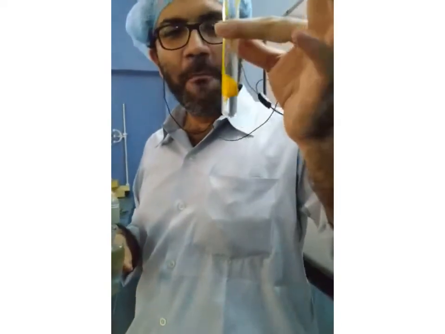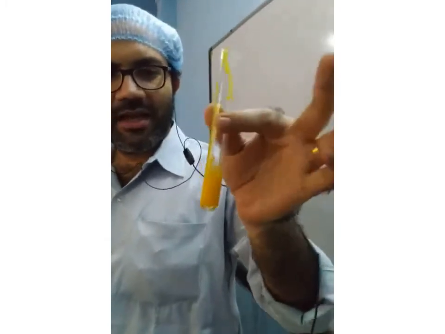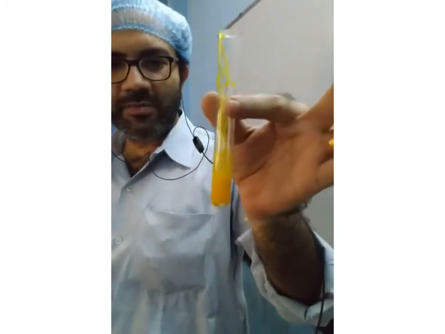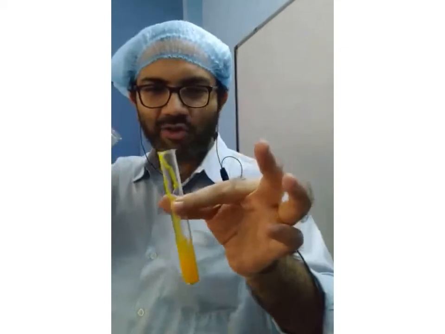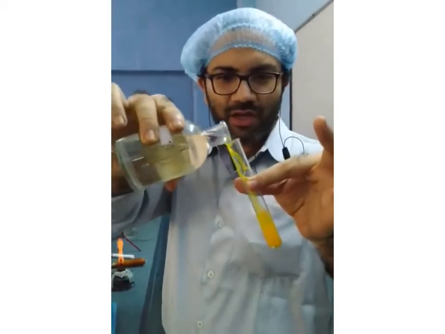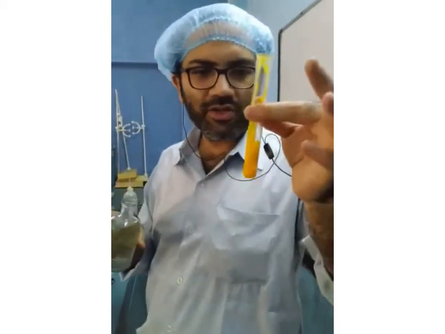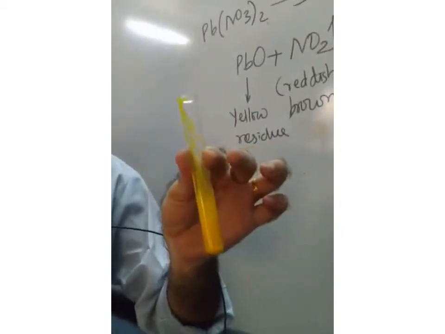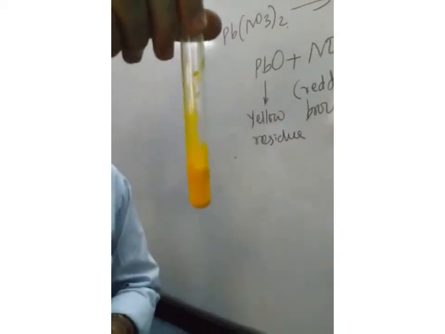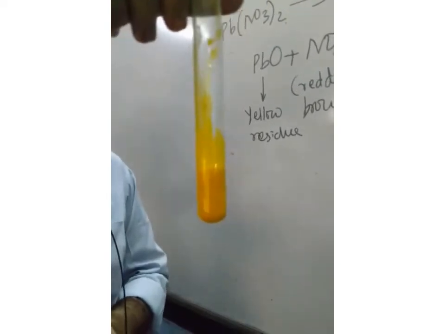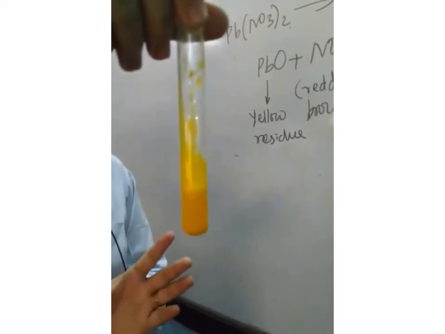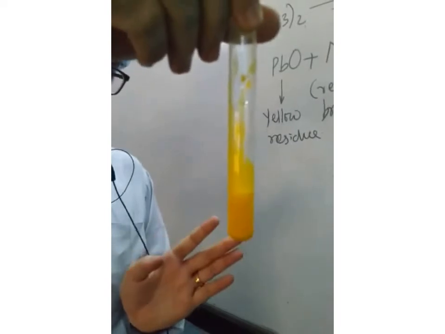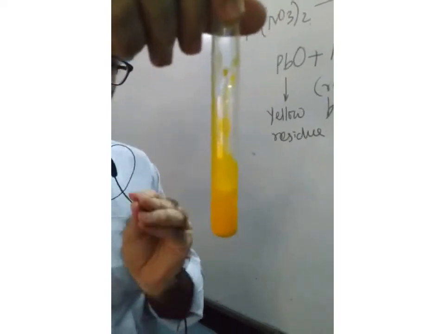A mustard yellow precipitate has formed. The entire solution has changed into mustard yellow, as you can see. There's a clear transformation from a transparent colorless solution to a mustard yellow colored solution.